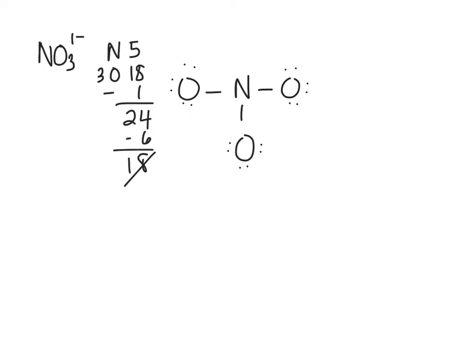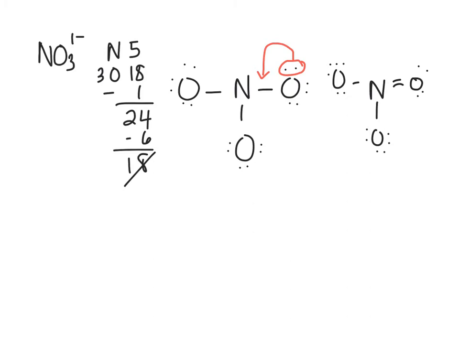So what you have to do is if you're short electrons on your central atom, you take a lone pair and you make a double bond. So the structure becomes, put my dots back on for my electrons. So let's see.